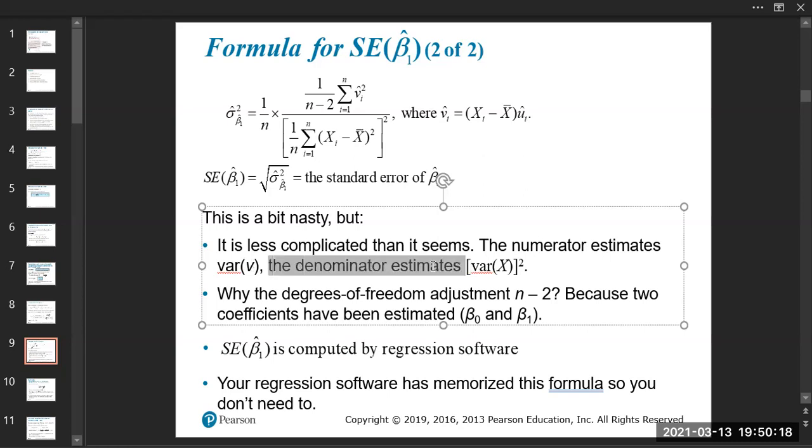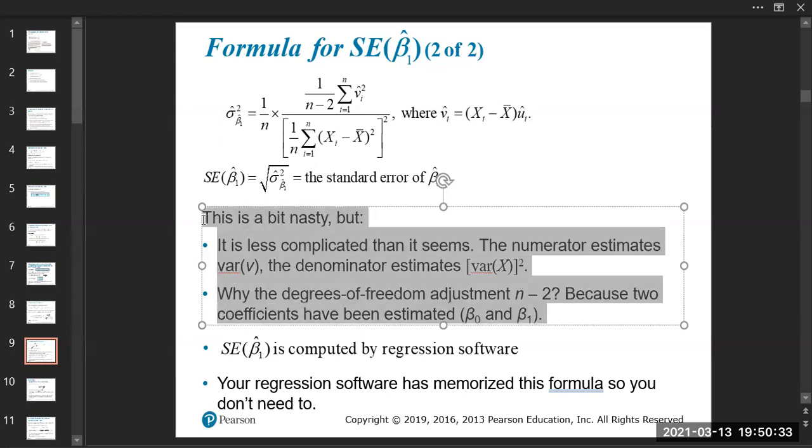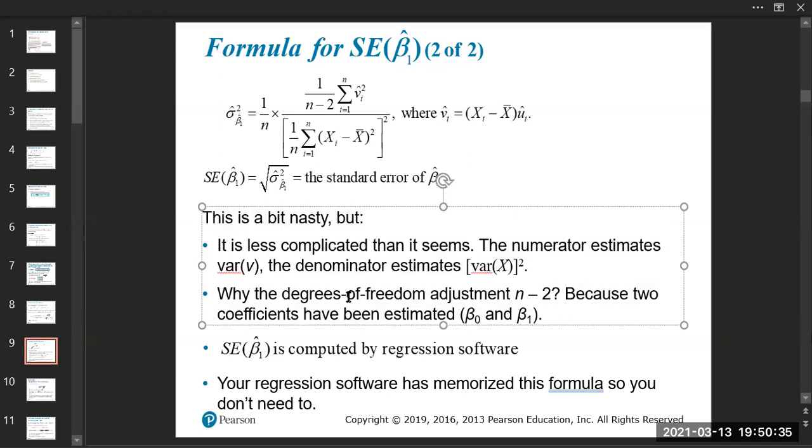The denominator estimates the variance of x squared. So why is the degree of freedom adjustment n minus 2? Because there are two coefficients being estimated. This part is not really required, so page 9 is also not required.